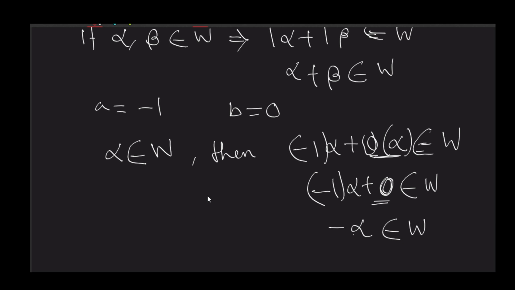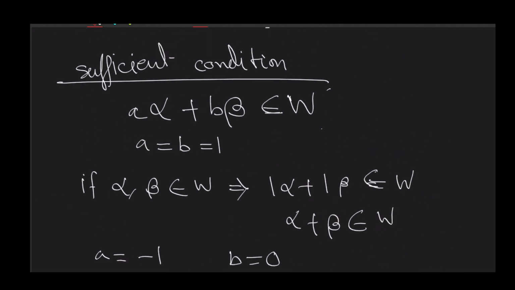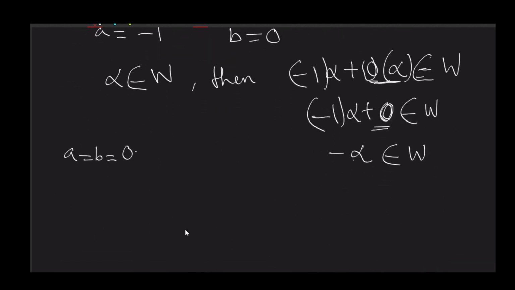And if we take both a, b equal to 0, then what we will get? There is no claim that a or b cannot be equal to 0.